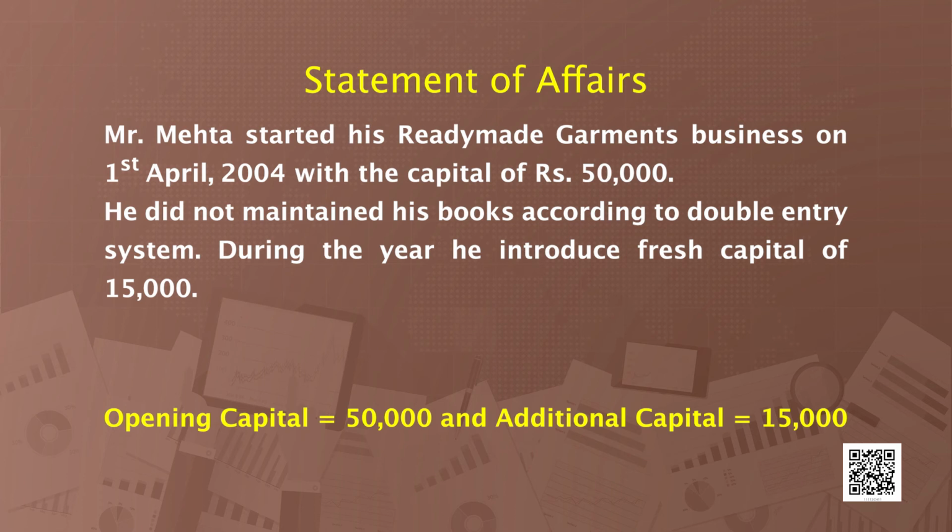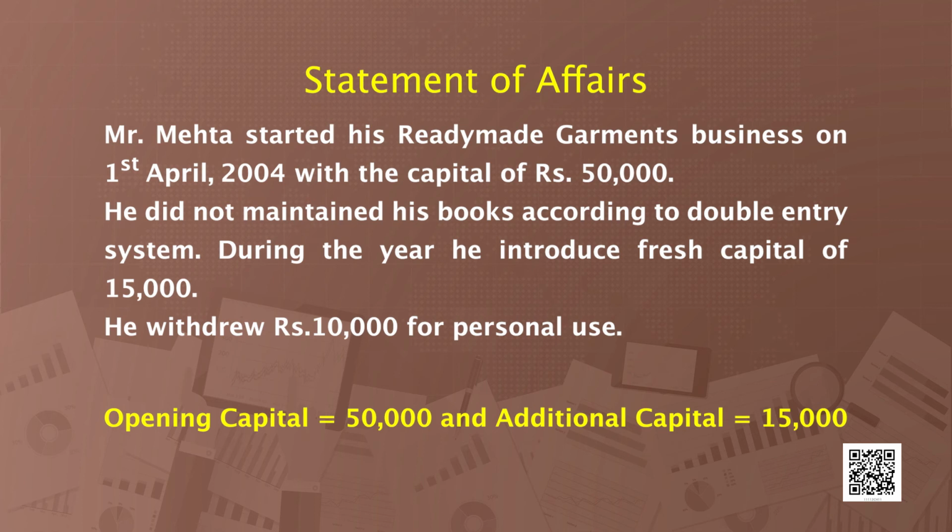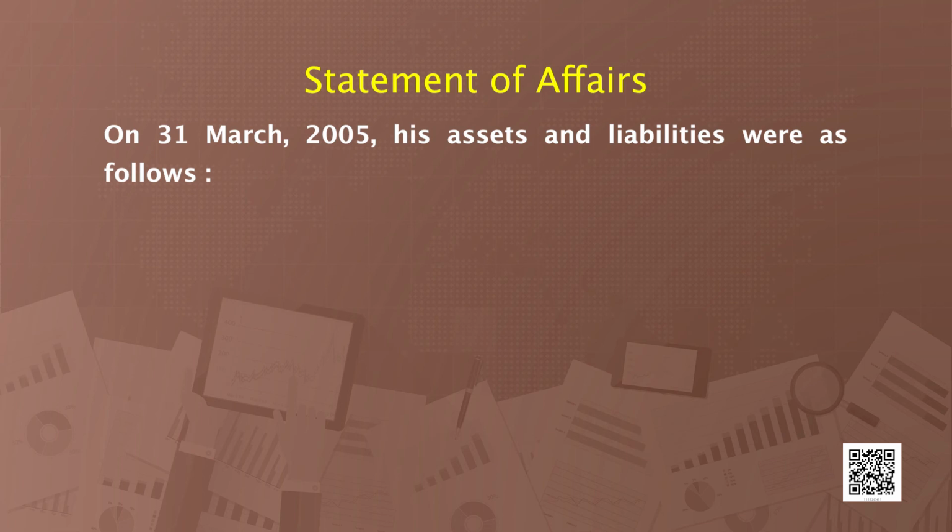Then during the year he introduced fresh capital. That means we have additional capital also, that is 15,000. And now the question is saying he withdrew 10,000 for personal use. That means we have drawings as well, that is 10,000. Now we have few balances with us, due on 31st March.